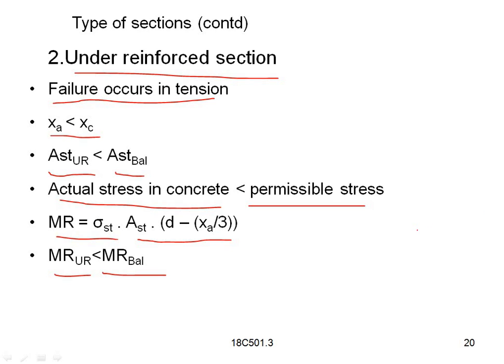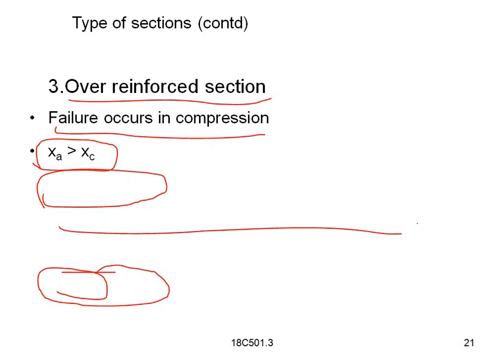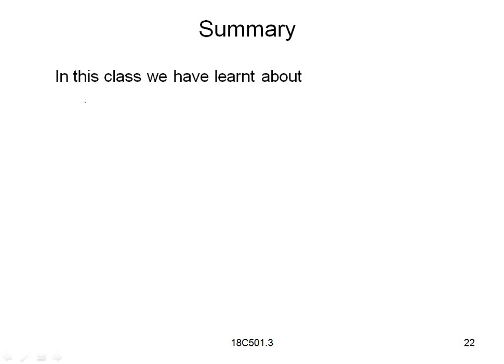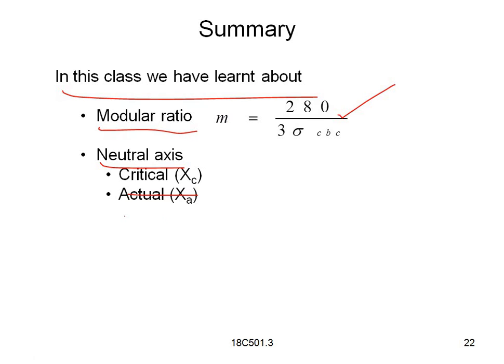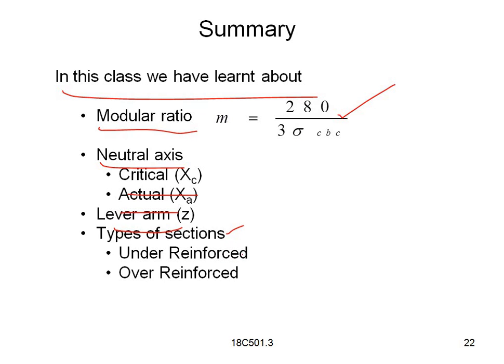So let us stop here. Finally, in summary, in this class we have learnt about modular ratio, m equal to 280 by 3 sigma CBC, and neutral axis, that is critical XC, actual XA, lever arm Z, and types of sections: under reinforced, over reinforced, balanced.